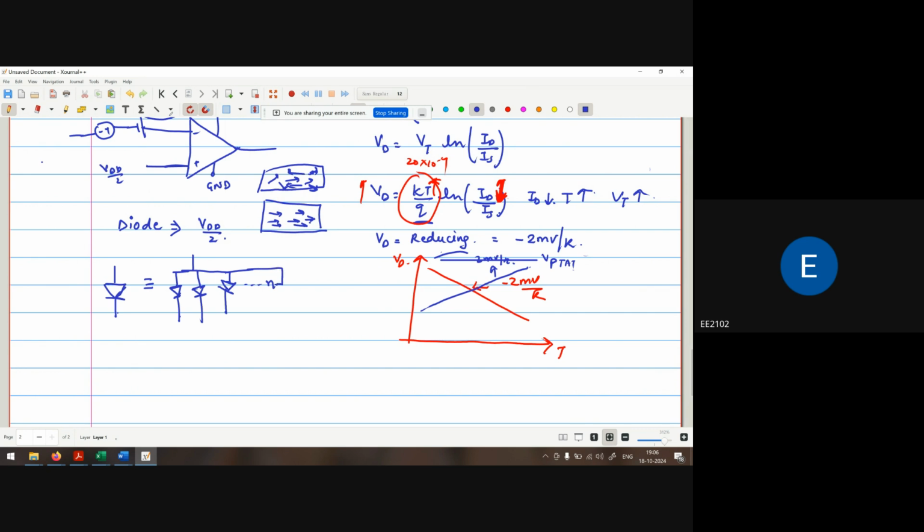N number of diodes I can use. The VD voltage has a slope of -2 millivolt per Kelvin. If I add this component with VPTAT, we get a voltage that has a slope of 0 millivolt per Kelvin, and I use this voltage.